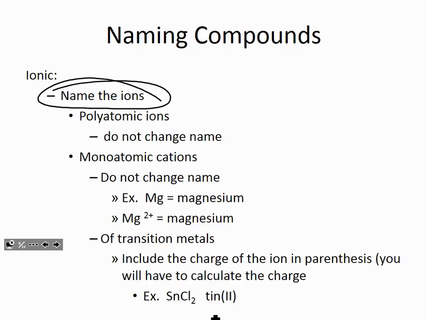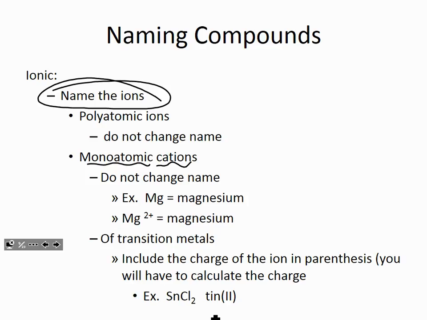Okay, let's go back to naming ionic compounds. And what does that mean, name the ions? It's not that difficult. If it is a monoatomic cation, the only polyatomic cation that I want you to know right now is the ammonium ion, NH4.